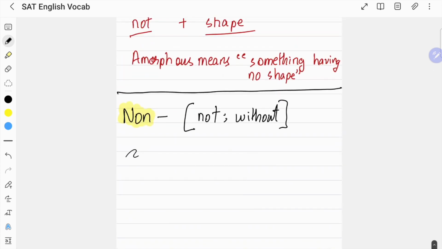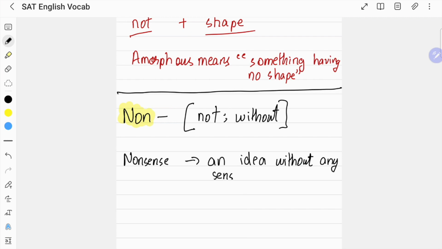Alright, so we can say nonsense, which means an idea without sense, without any sense. So here non would be the prefix.